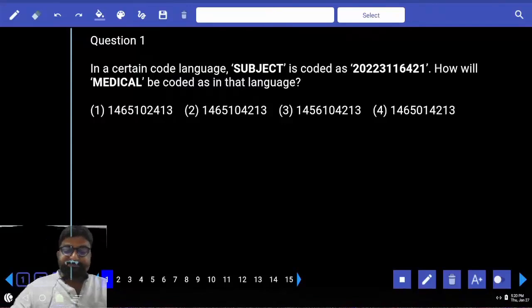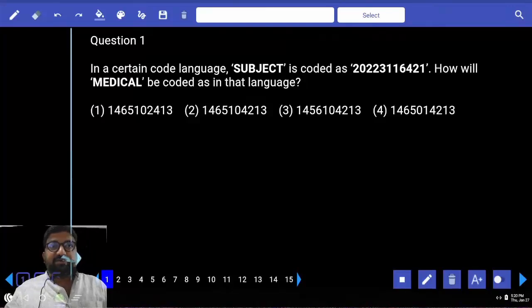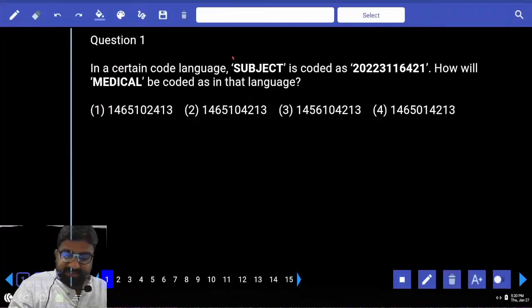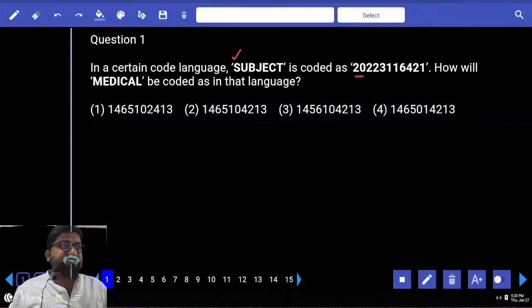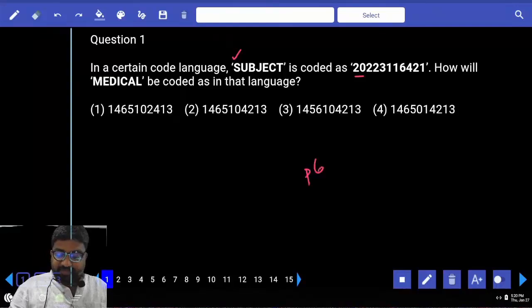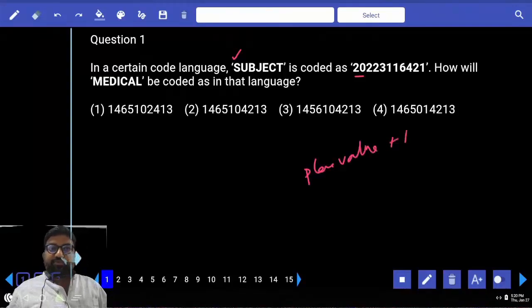Look at this question here. Subject, and these letters in the word subject are coded as some numbers. S is coded as 20. How is this S related to 20? Place value plus 1. U is 21, but what's the number here? 22. B is 23. J 10, 11.